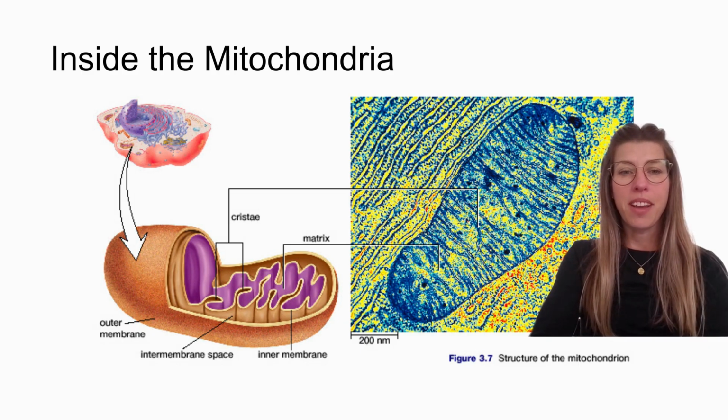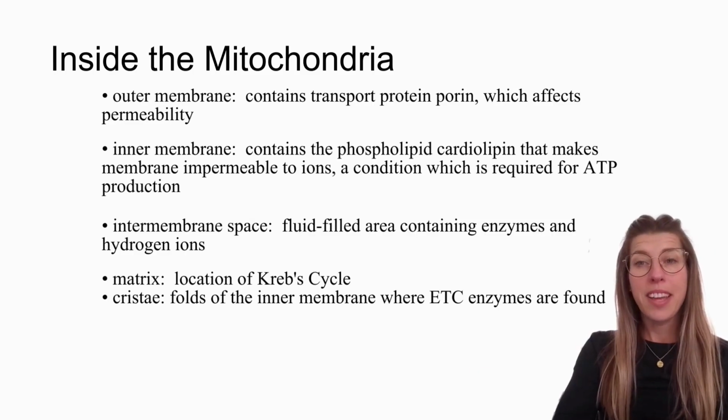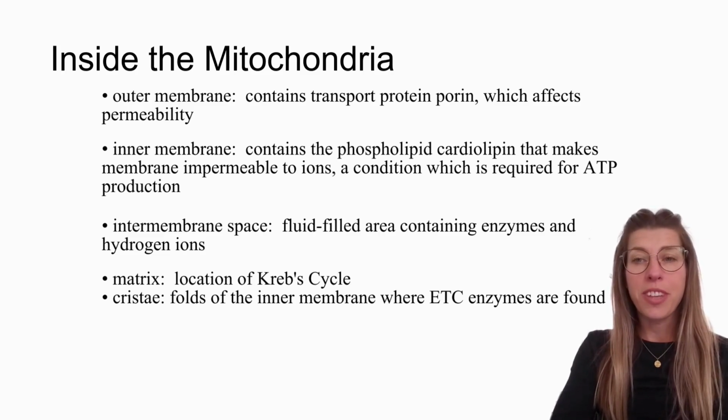Within the inner membrane is a matrix, which we know has ribosomes and mitochondrial DNA contained within. The outer membrane contains transport proteins, specifically something called porin, which affects its permeability, allowing materials to enter and leave.